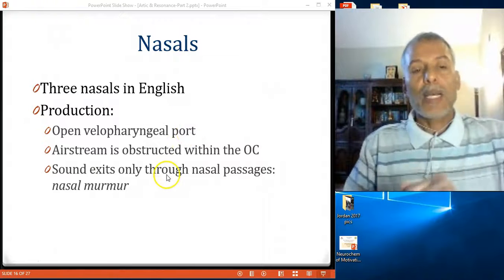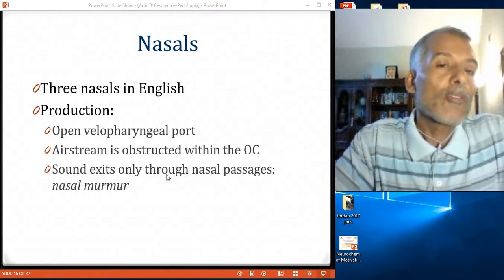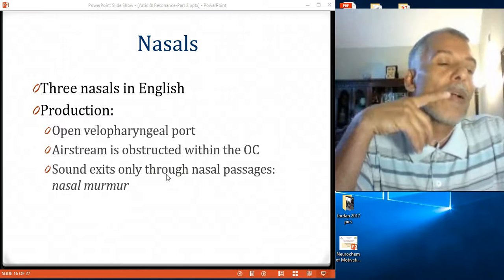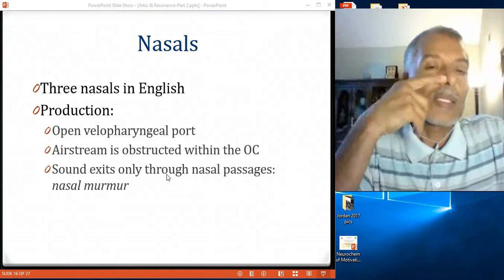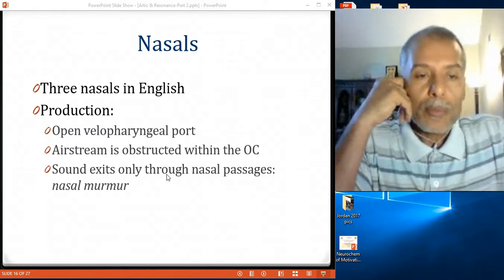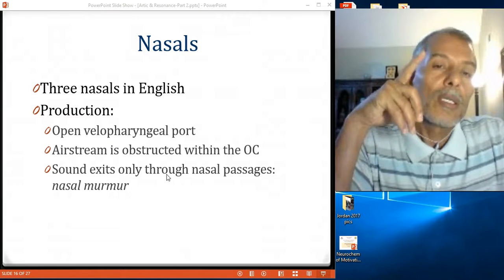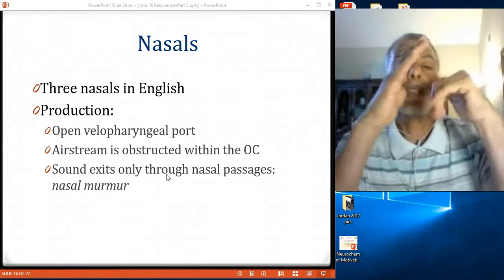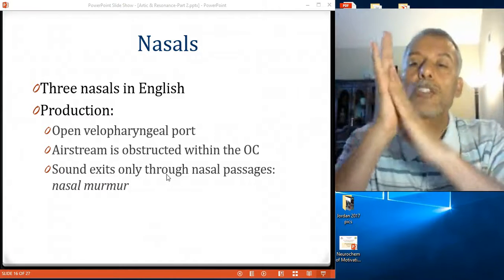So the nasal sounds, in order to produce them, you have to reroute the air from the oral cavity to the nasal cavity. See, this is the front of the mouth, this is the velum, this is the posterior pharyngeal wall.